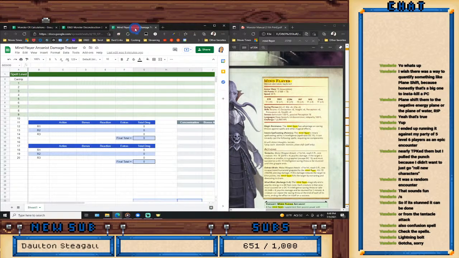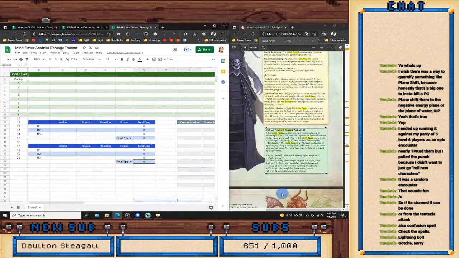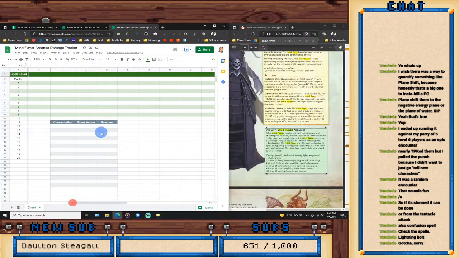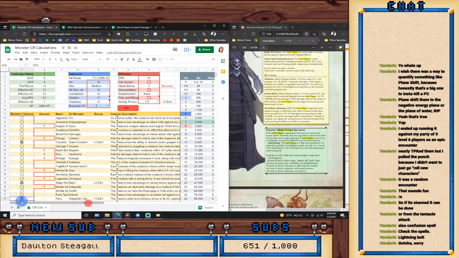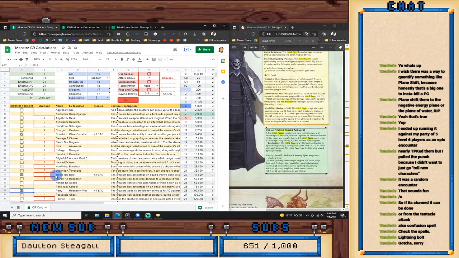Now, let's take a look at the Arcanist here and add in the spells from this. So I'm going to only worry about the major spells that it can do. Oh, it has shield, so that's going to be a big thing right off the bat. So that's going to increase the monster's effectiveness like tenfold already.